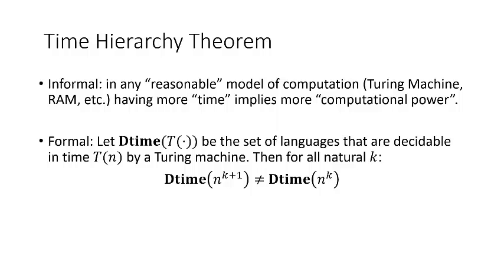For a formal theorem, let's call DTIME(T(n)) a complexity class. I want to write a theorem that formalizes what I said above. Deterministic time T(n) is the class of all languages that we can solve in time T(n) deterministically.